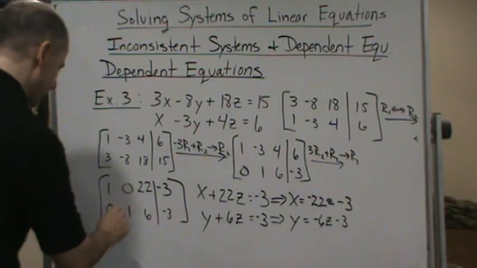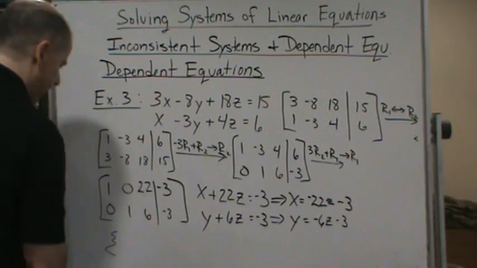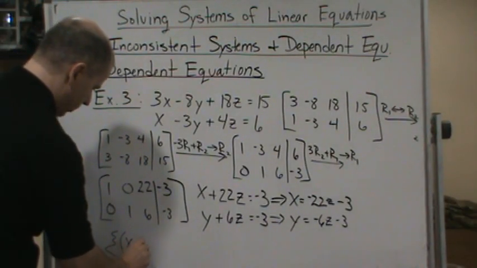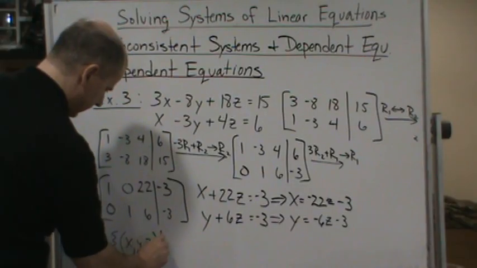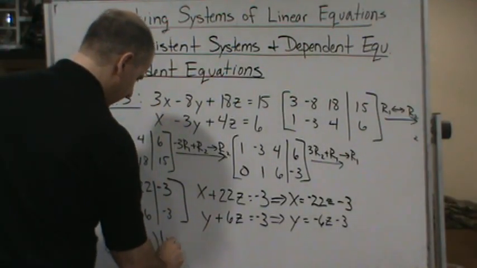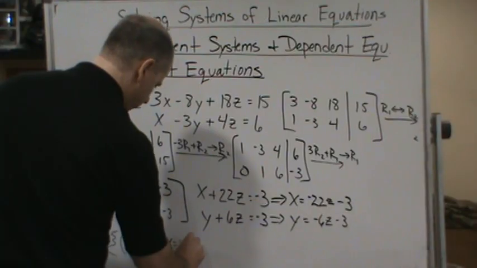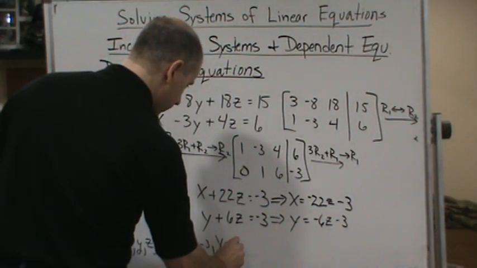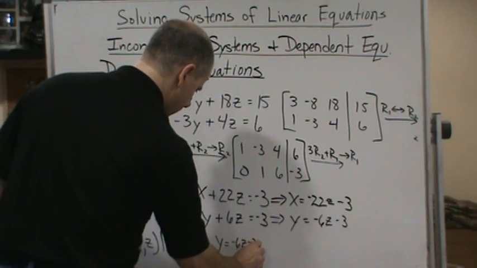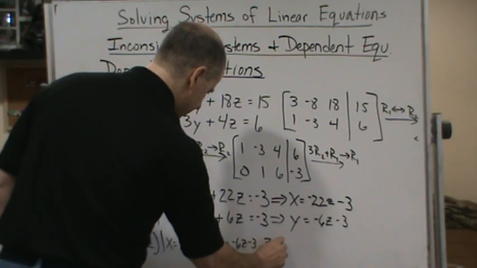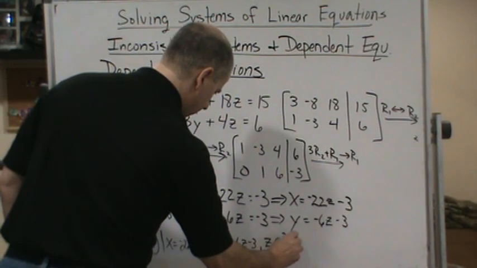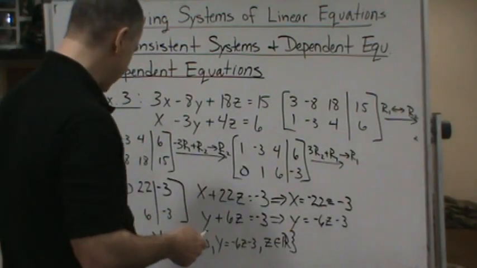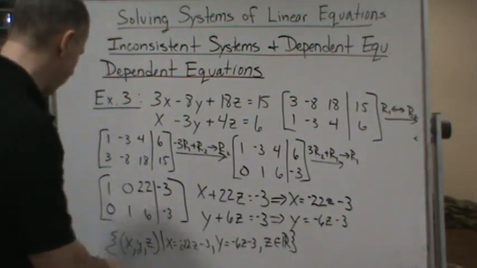So again, I would write the solution set. You could write it this way. The set of all ordered triples, right? X, y, z, such that x is equal to negative 22z minus 3, comma, y is equal to negative 6z minus 3, comma, and then z is any real number. Okay, but again, you can write everything in terms of z as well, right?